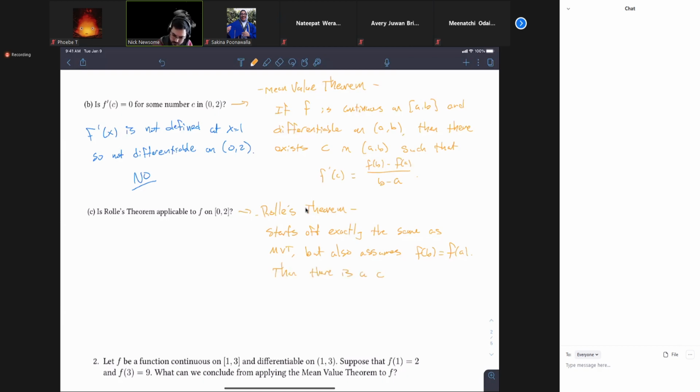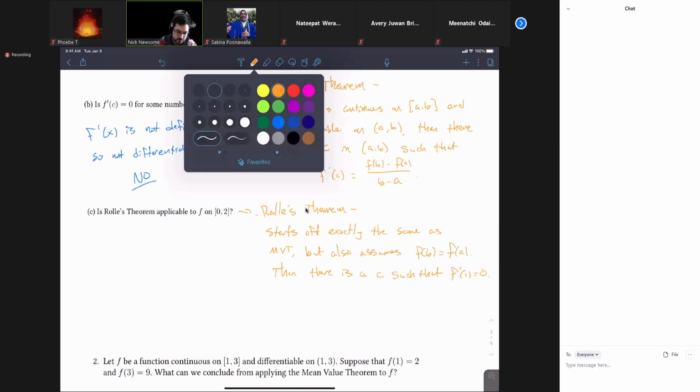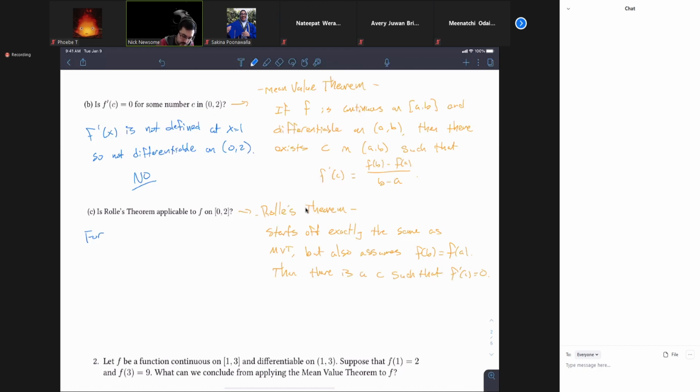Then there is a c such that f prime of c is equal to 0. Okay. So for the exact same reason as part B, we're not differentiable in that interval. Okay. Rolle's theorem does not apply. Okay, questions?